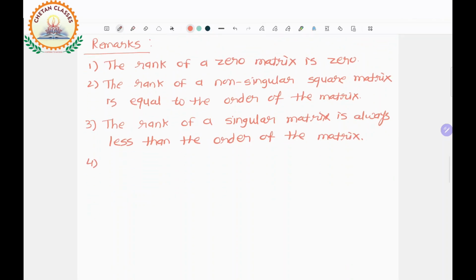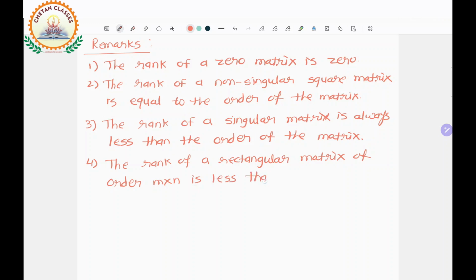Fourth, the rank of a rectangular matrix of order m cross n is less than or equal to the minimum of m and n.